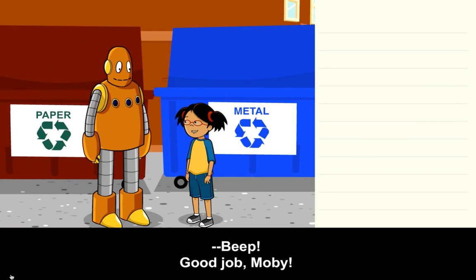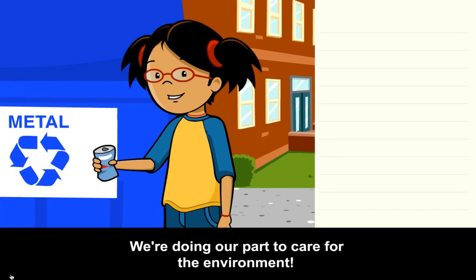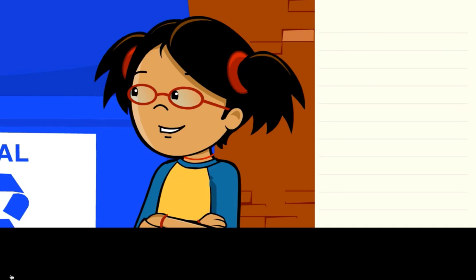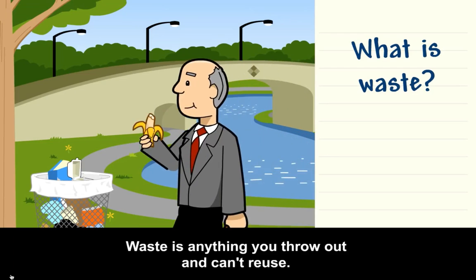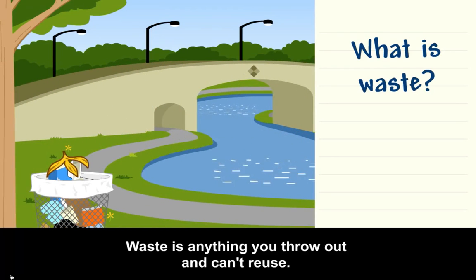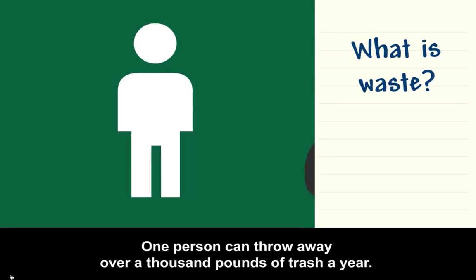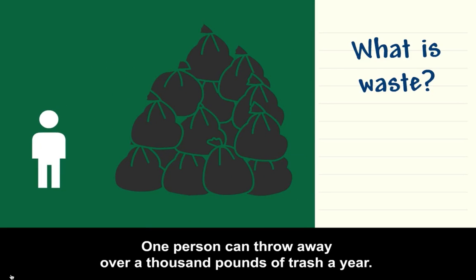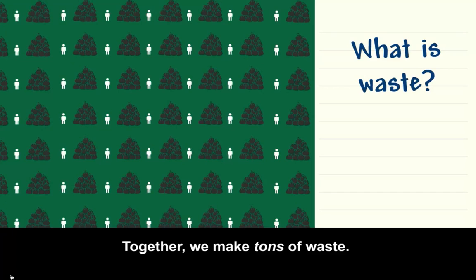Good job, Moby. We're doing our part to care for the environment. What is waste? Waste is anything you throw out and can't reuse. One person can throw away over 1,000 pounds of trash a year. Together, we make tons of waste.